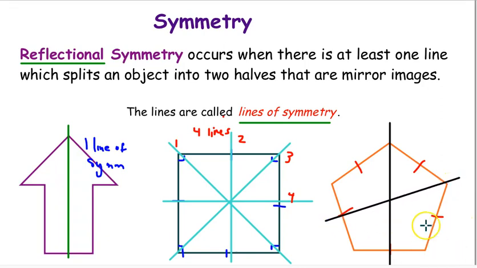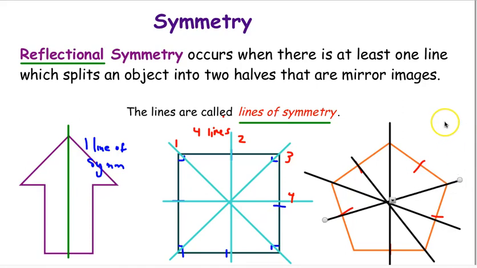So that's 2. I could have 3 here. And then I would have 4 here. And I'm just going to fix the one that's a little off. Okay, and so on a pentagon having 5 sides, a regular pentagon would have 5 lines of symmetry.